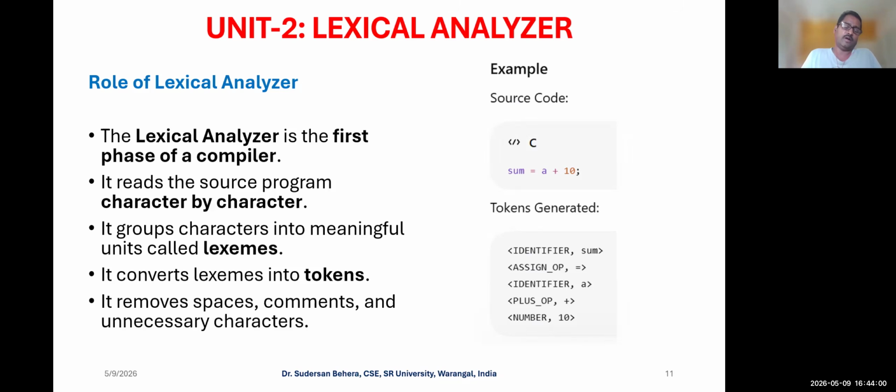While reading the program from the start to the last, whatever comments or white space are encountered by the lexical analyzer, it just skips or removes them, because these are not tokens and are not part of the code.